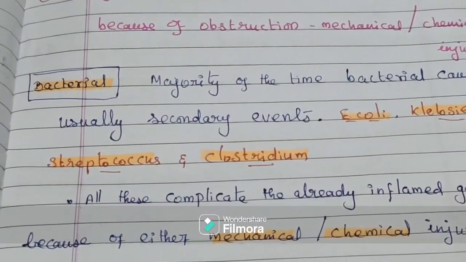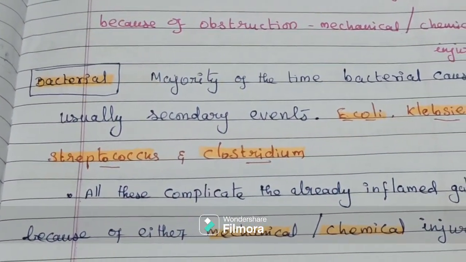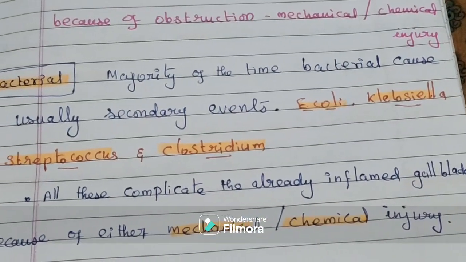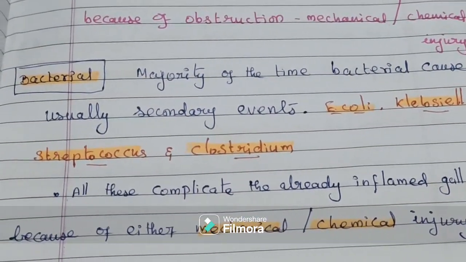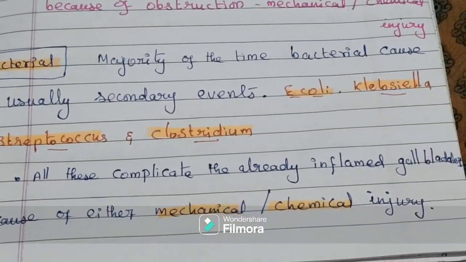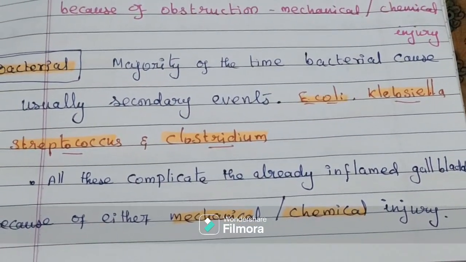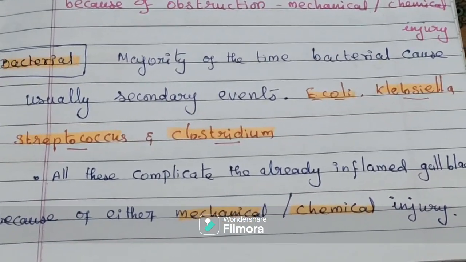All these complicate the already inflamed gallbladder because of either mechanical injury or chemical injury. So the main injury is mechanical or chemical, and only after that do microorganisms cause secondary injury.